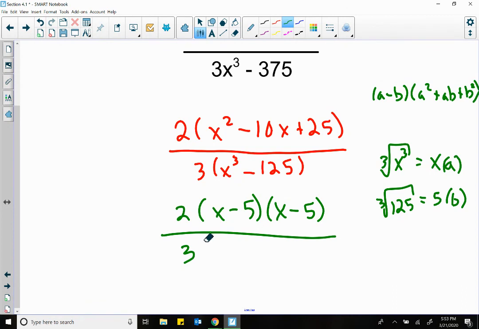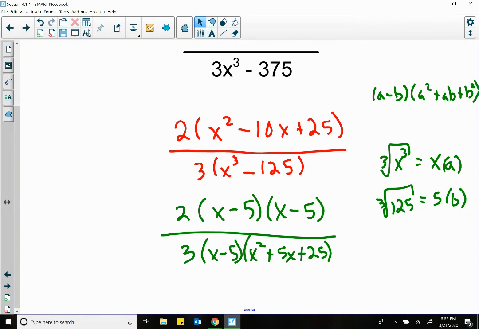So if we factor this guy out down here, we get x minus 5, and then we have x squared plus 5x plus 25. Now this is fully factored. Now we can look at what's going to cancel.